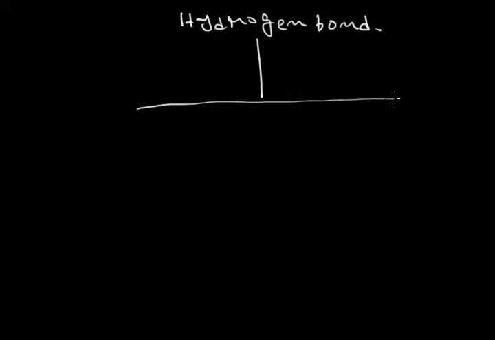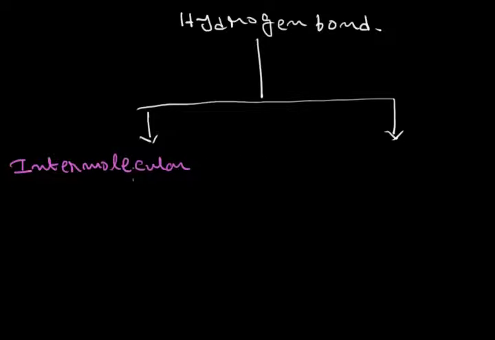Now, hydrogen bond is classified in two categories. Number one, intermolecular hydrogen bond, or it is called external hydrogen bond.